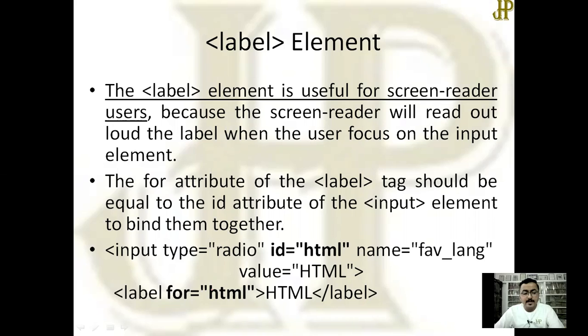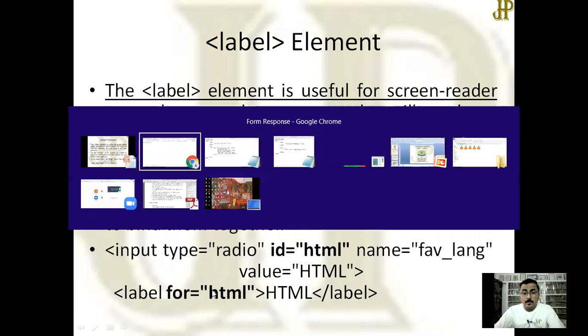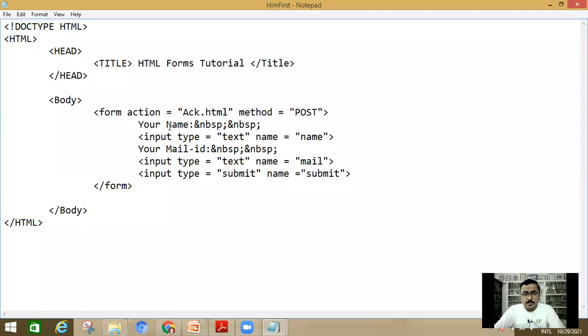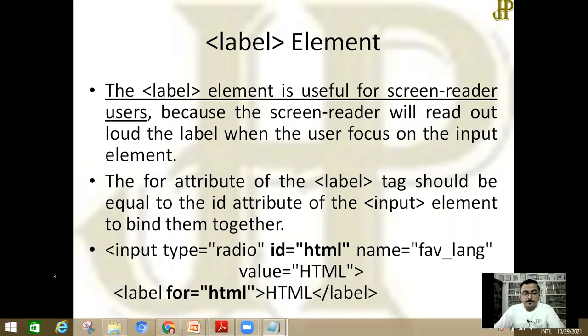Here you can see that I have not entered any label. I have just written your name. But other than this, you can use a label element. So how? Here is the example.